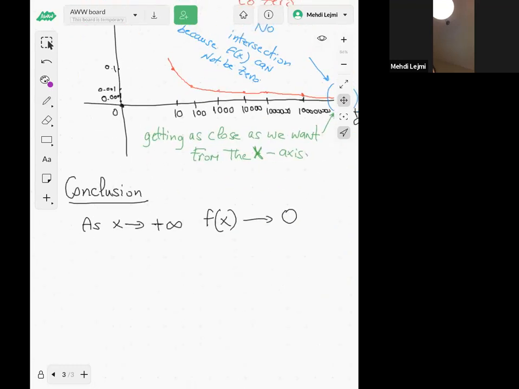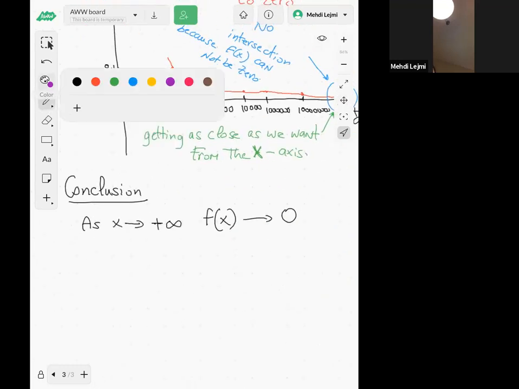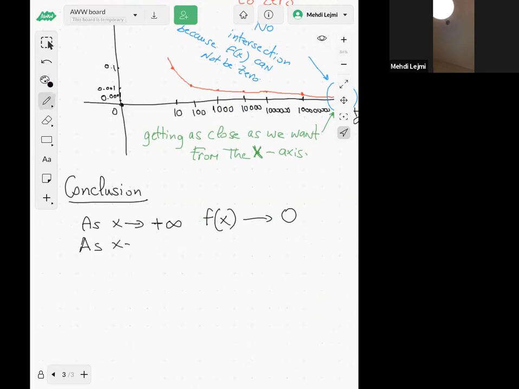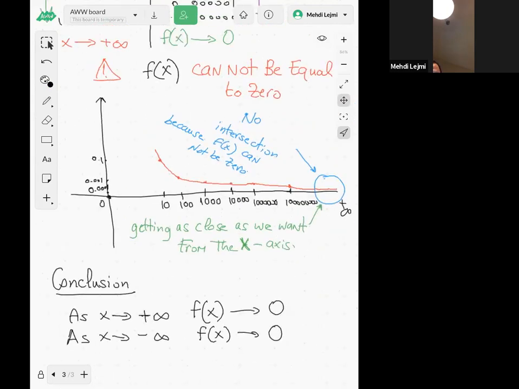And you can imagine, if you take large negative numbers, as x approaches negative infinity, you're going to have the same thing. f of x is going to approach 0, like negative 0. So in this case, you see the x-axis here.